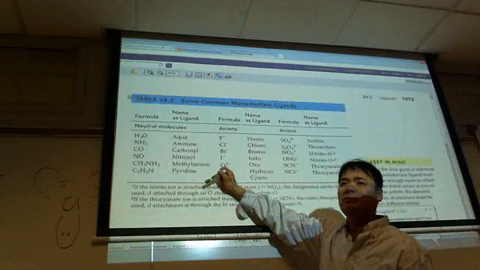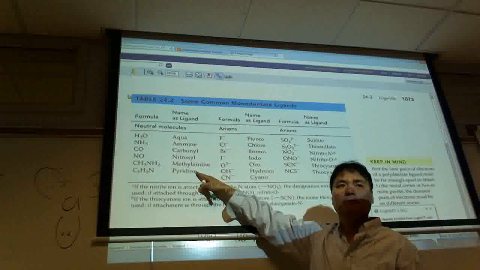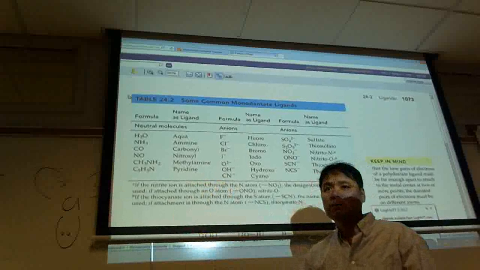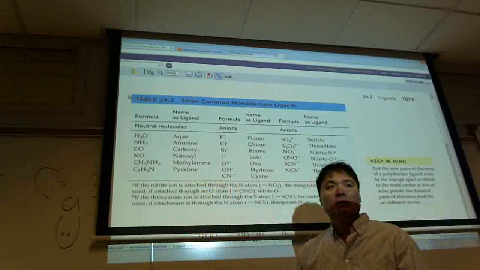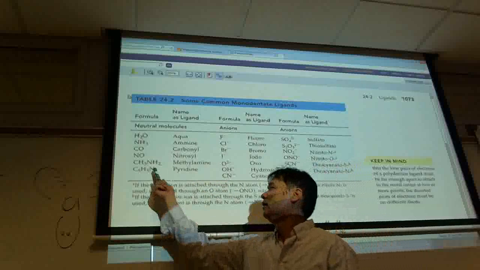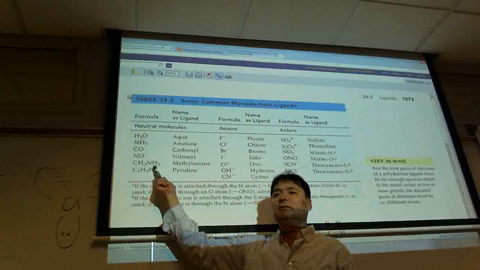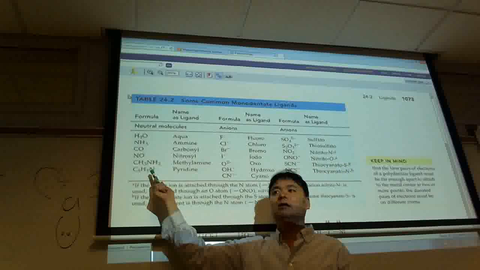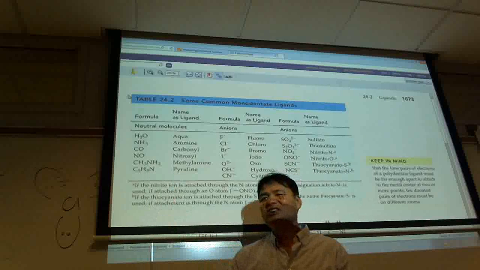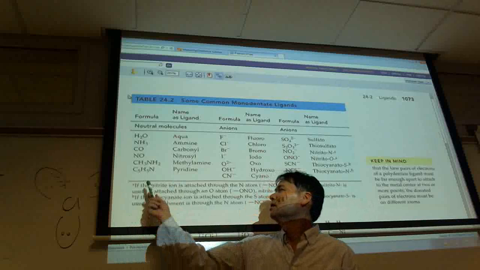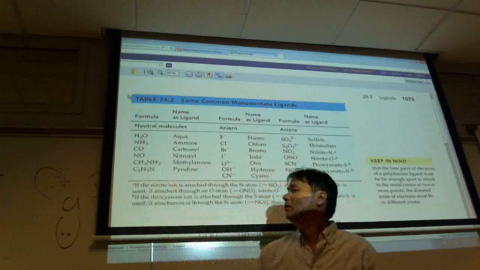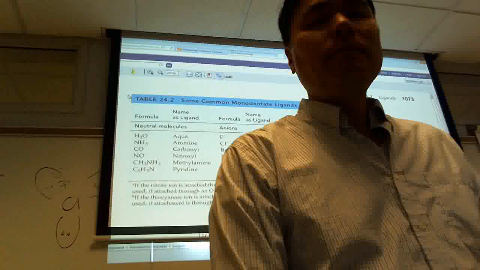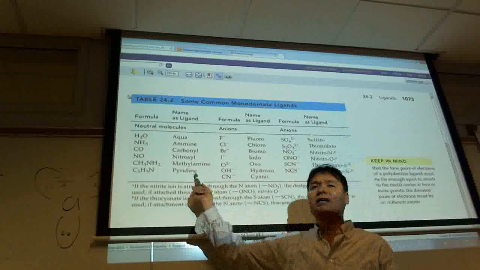And so these are examples of what we call the amines. The amines with one M represents what again? A group of compounds that have an ammonia-like structure. This is not ammonia, but pyridine is an amine.